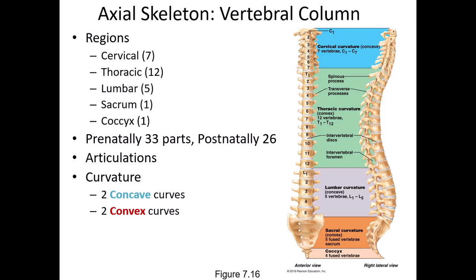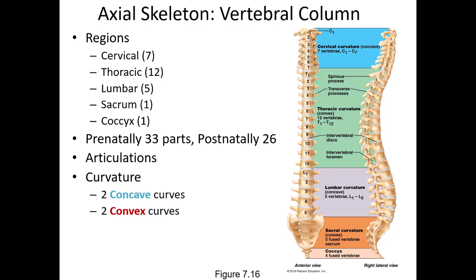Those are the tips of the spinous processes. So that can help remind you that they always face dorsally. So when we look at this curvature, we can see that there is an inward curve in the cervical region where your neck is, an outward curve for the thoracic region, inward curve in the lumbar region, which is kind of what we describe as your lower back or the small of your back.